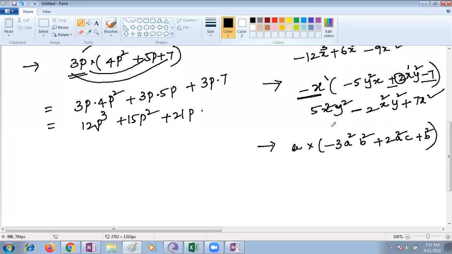That is minus 3 a cube b square, plus 2a cube c, plus b square. What about a?